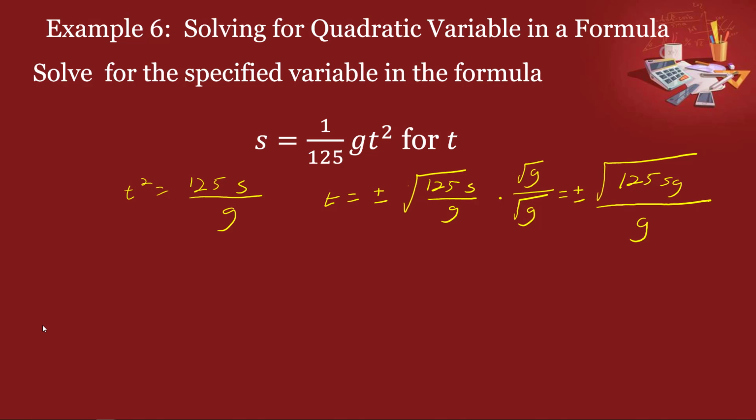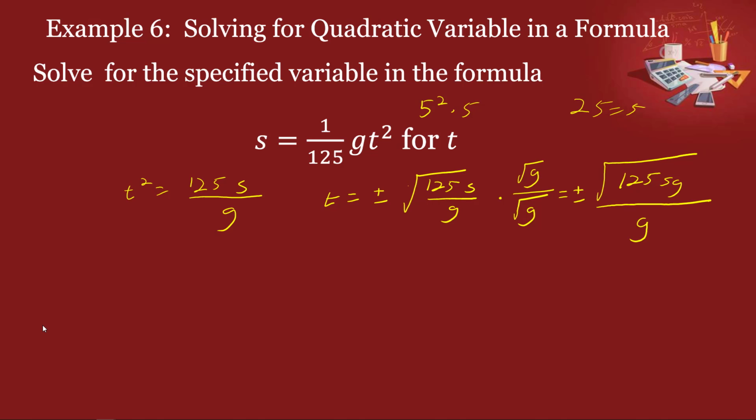Okay, we're still not out of the woods, because here we have 125, and this actually has factors that are perfect squares. Namely, one factor that's a perfect square of 125 is 25, which is 5 squared. We can actually write 125 as 5 squared times 5, for lack of a better term.